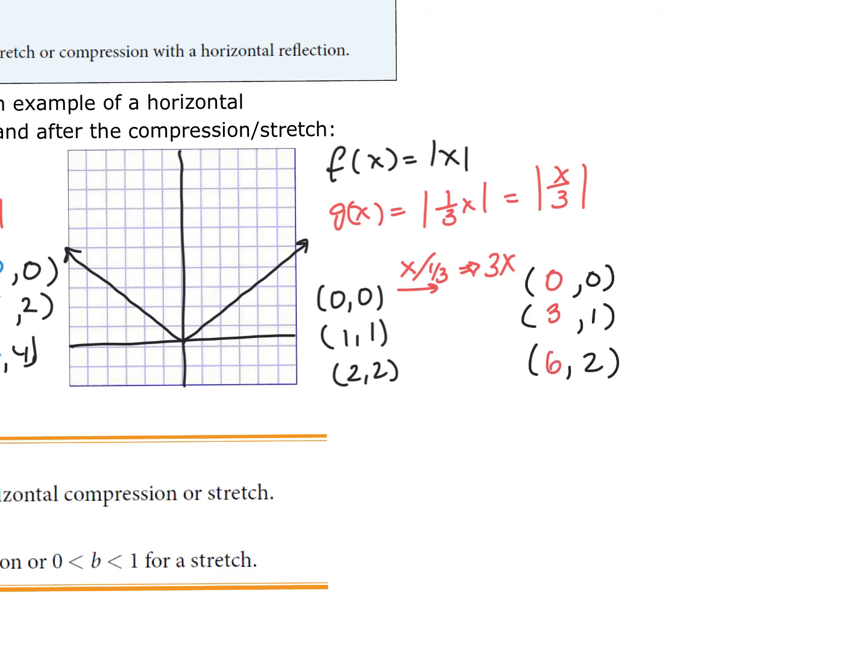So I'm going to take my first point, which is 0, 0. I'm going to do 3, comma 1, and I have negative 3, comma 1, and then I have 6, comma 2, so I have 6, comma 2, negative 6, comma 2, and so here is my graph, and you can see what's happened is I've pushed my graph out, and it has stretched it by a factor of 3 in the horizontal direction.